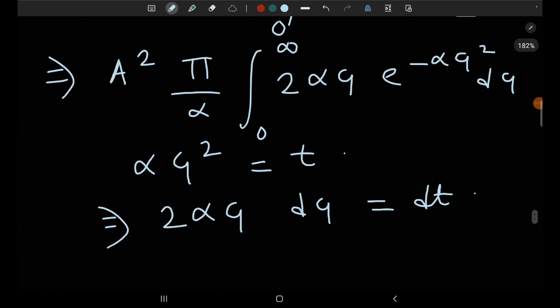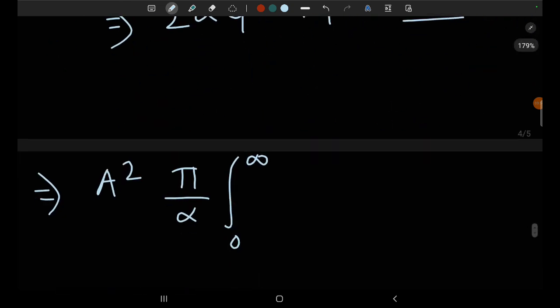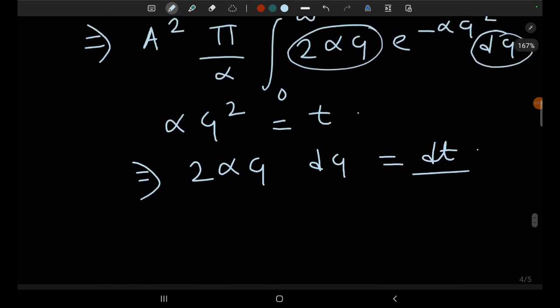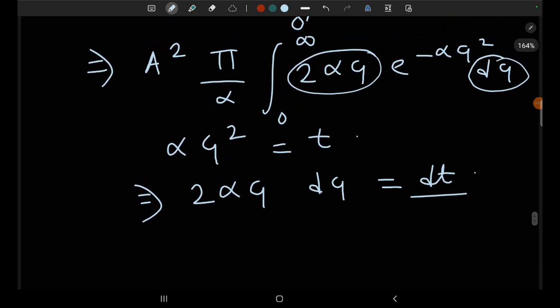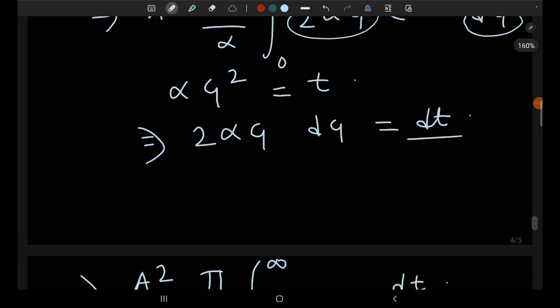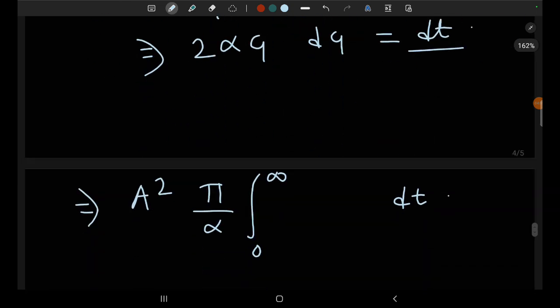So we had a squared pi upon alpha, integral from 0 to infinity, with alpha c1 squared as t and 2 alpha c1 dc1 replaced by dt, so we have dt here and e to the power minus t, equal to 1.